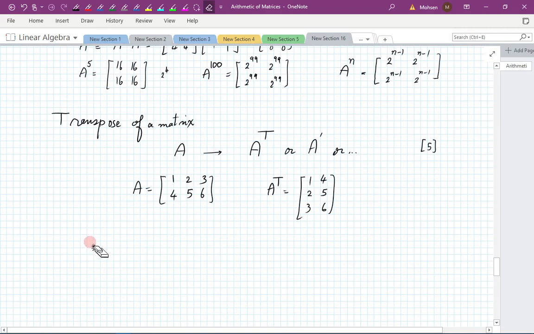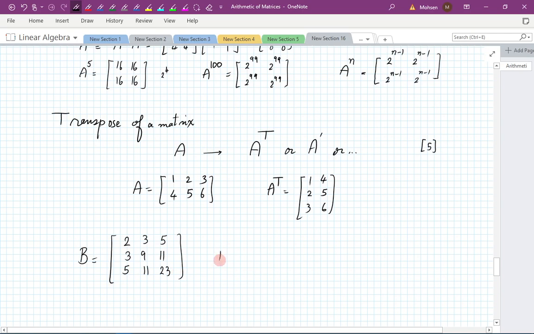Let me take another one. Let's suppose I have a matrix B and I write a special matrix here, for example 2 3 5, and then 3 9 11, and then 5 11 23.